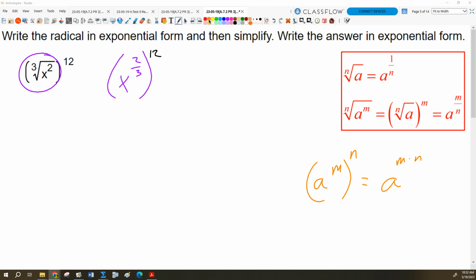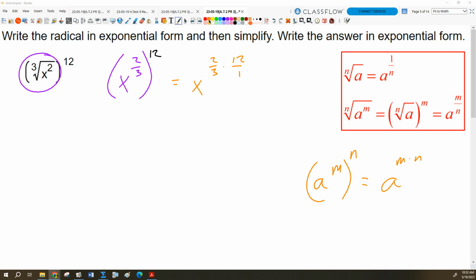So then all we've got to do here. You get x to the 2/3 times 12, which we would write as a fraction. So then what do we get?